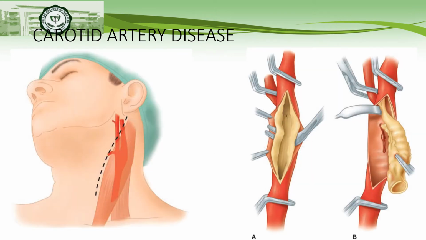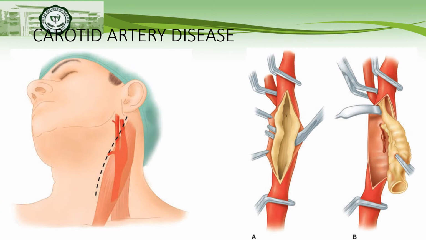So this is how carotid endarterectomy is done. The patient's neck is slightly hyperextended and turned to the contralateral side. An oblique incision is made along the anterior border of the sternocleidomastoid, centered on top of the carotid bifurcation.